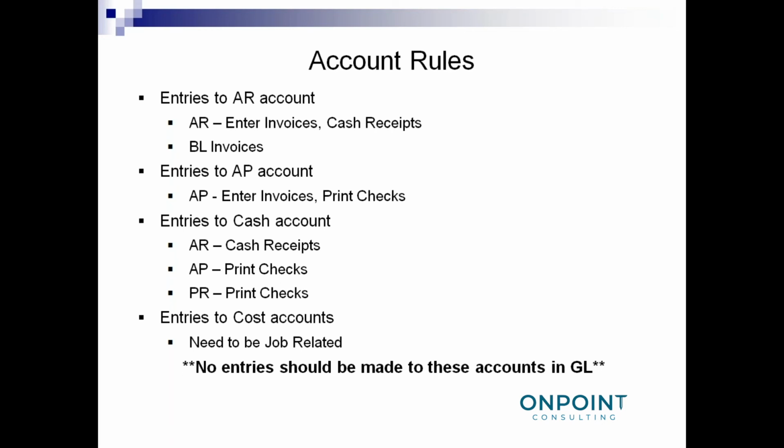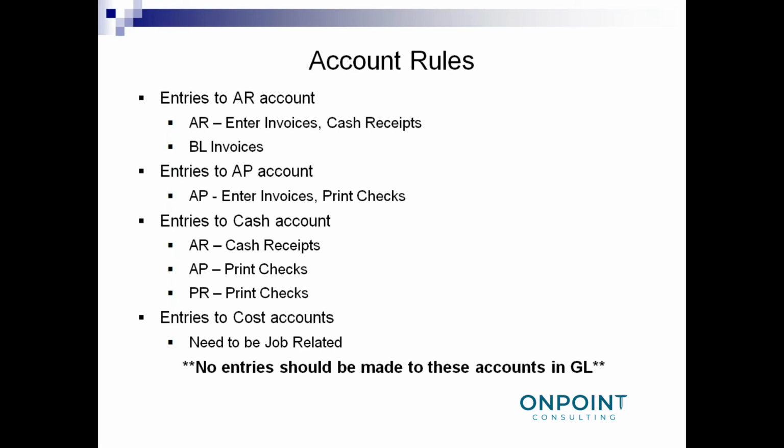And then billing, if you're using the BL module to produce your invoices through Sage, when you post those invoices, it will actually send that information through to AR, and then AR will pass it off to General Ledger. There should be no other entries coming into the accounts receivable account other than those three places.